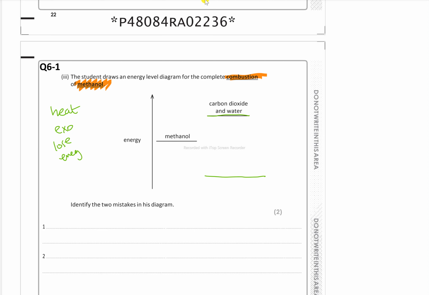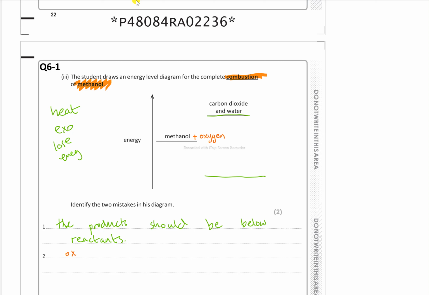First of all, the products should be below reactants. And the other one is methanol needs what? Oxygen to combust.